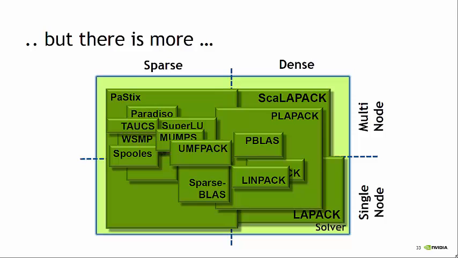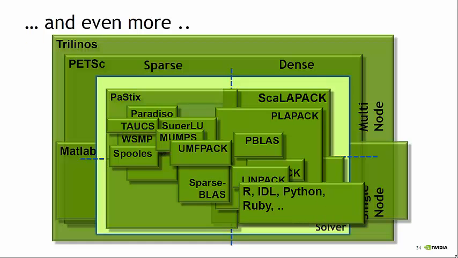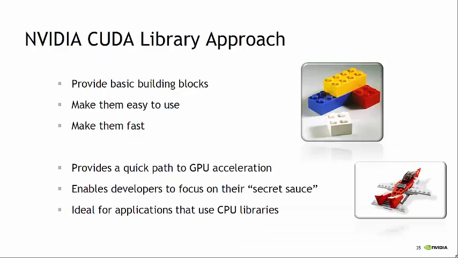There's more going across the sparse space: solvers, matrix operations, vector operations, single node, multi-node, and even more. So there are a lot of libraries, and several of these already support GPUs, some of them calling GPU libraries under the hood. But I'm trying to say that the library philosophy is not to cover this entire space of libraries, but to provide basic building blocks.